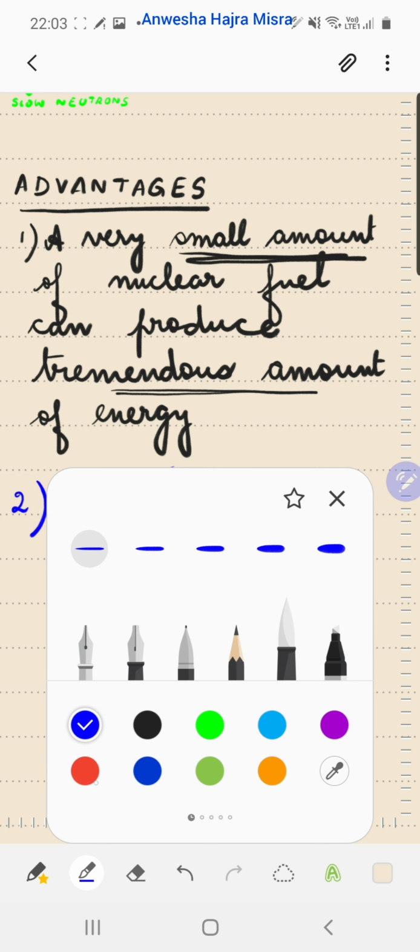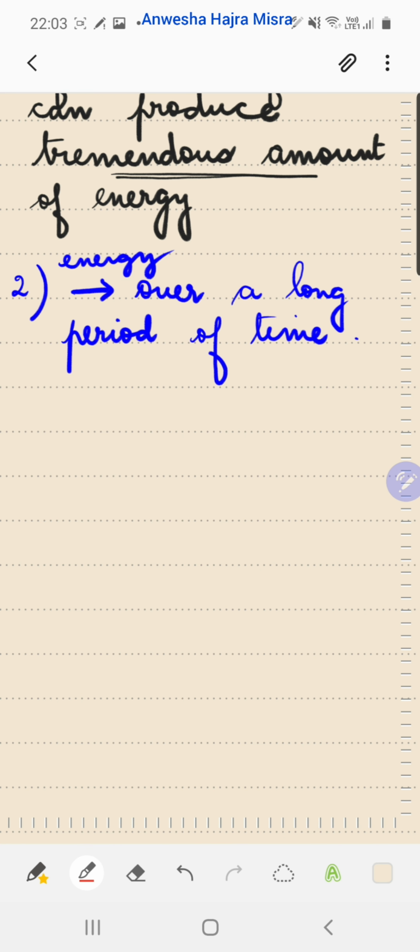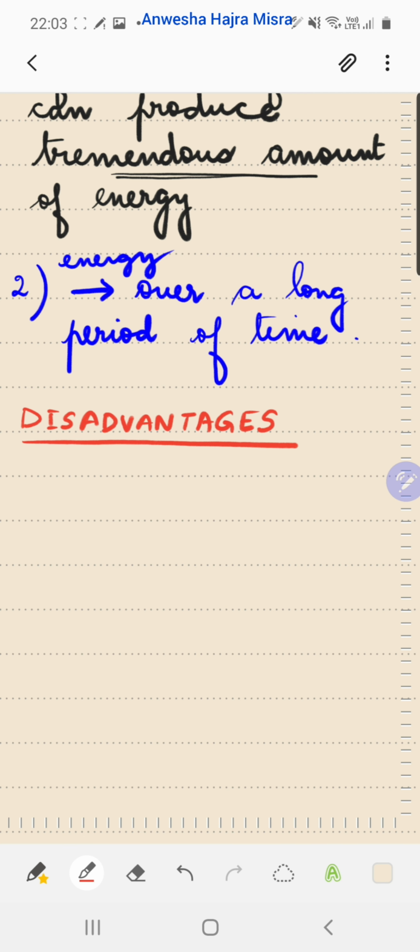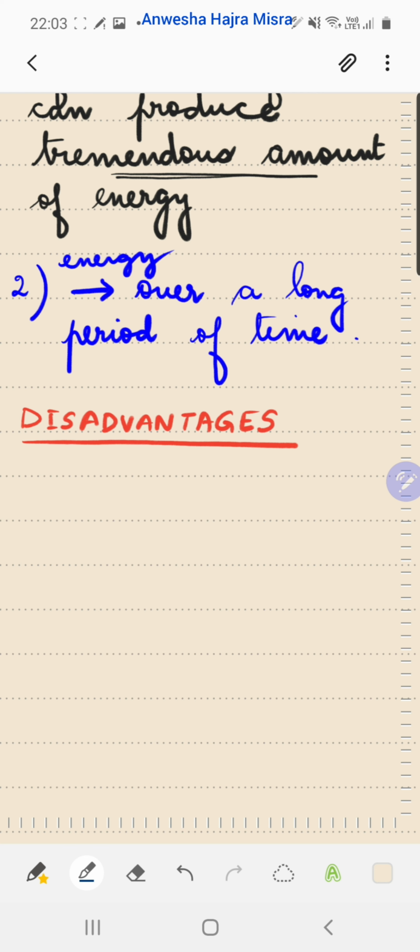Now, what are the disadvantages? What are the limitations? Now, it is not a clean source of energy because it is very harmful.